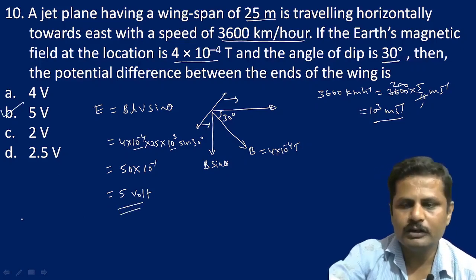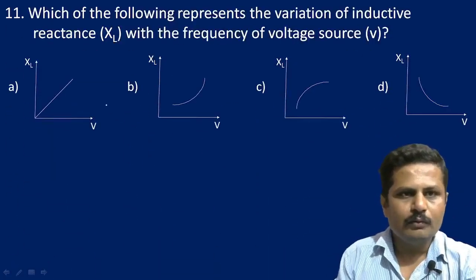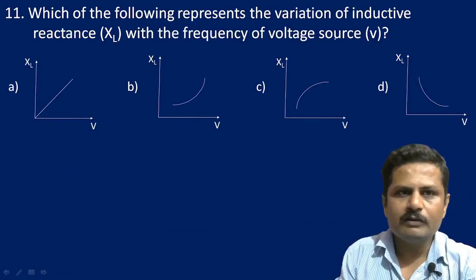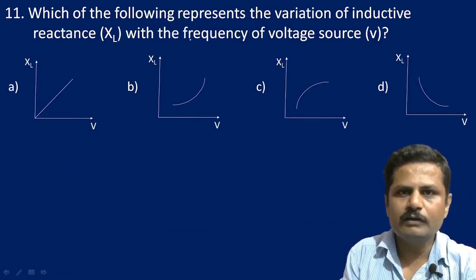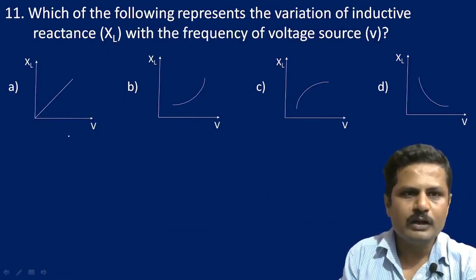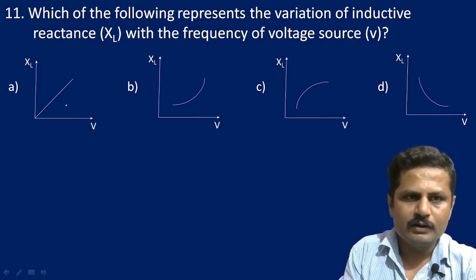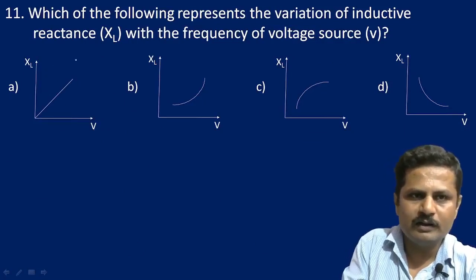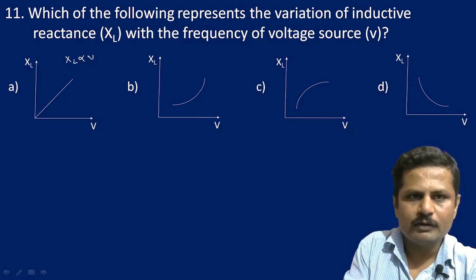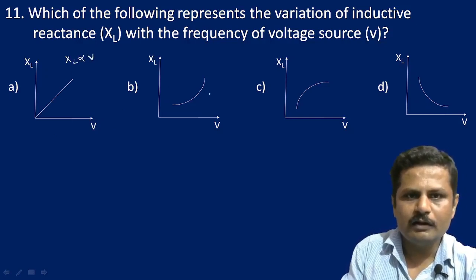Moving to the next question, that is, which of the following represents the variation of inductive reactance XL with the frequency of voltage source V? Here V is the frequency and XL is the inductive reactance, and this graph shows a linear relationship, that is, by this graph we can write XL is directly proportional to frequency. Here this graph represents a top opening parabola.